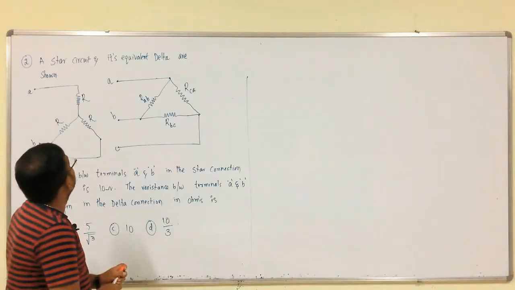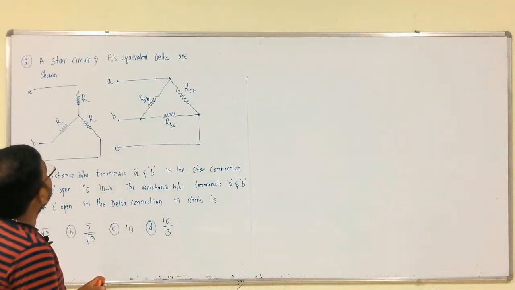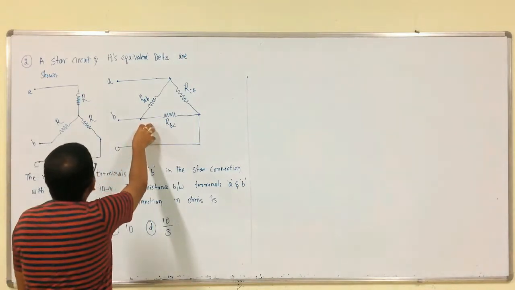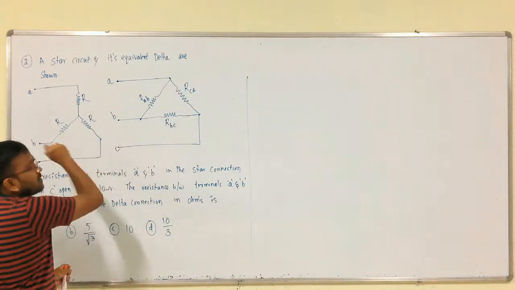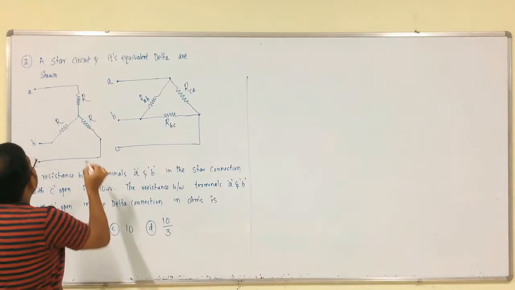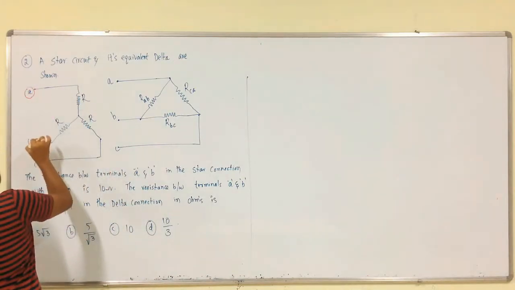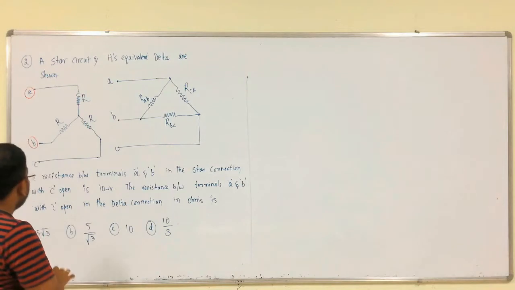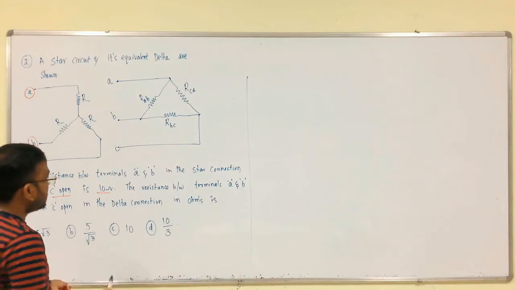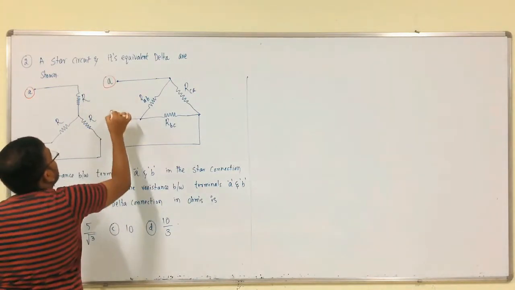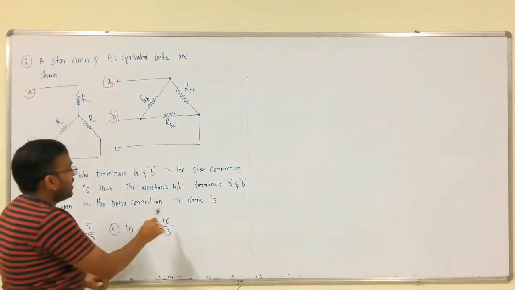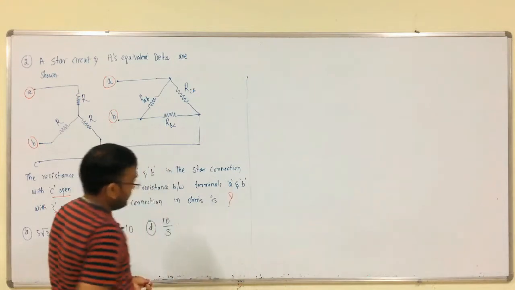Next problem: a star circuit and its equivalent delta are shown. This is the star circuit and this is the delta connected circuit, the equivalent of this star connection, right. The resistance between terminals A and B in the star connection with C open is 10 ohms, and the resistance between terminals A and B with C open in the delta connection is what?